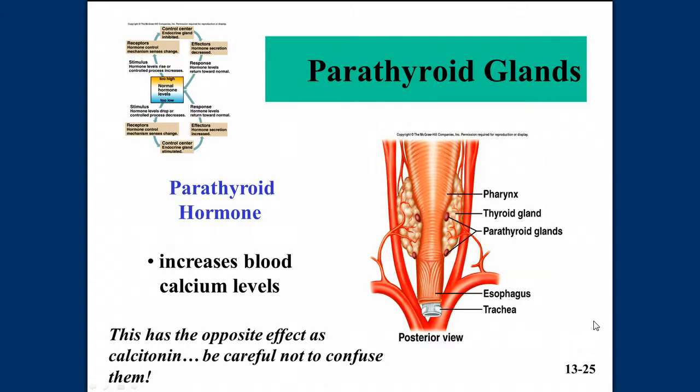Now, the parathyroid. This is the posterior view. We saw pictures of the thyroid. Well, this is on the back side of the thyroid, and there are 4 lobular shaped glands. They're very small, that are posterior to the thyroid.